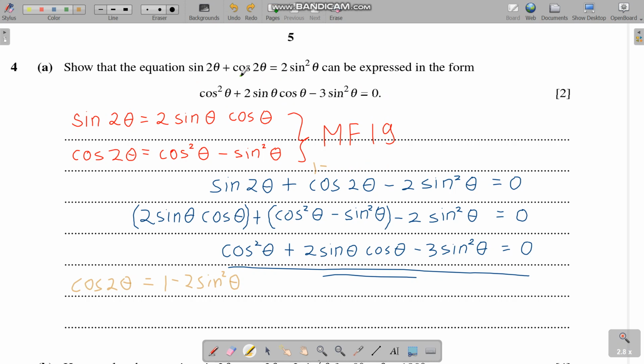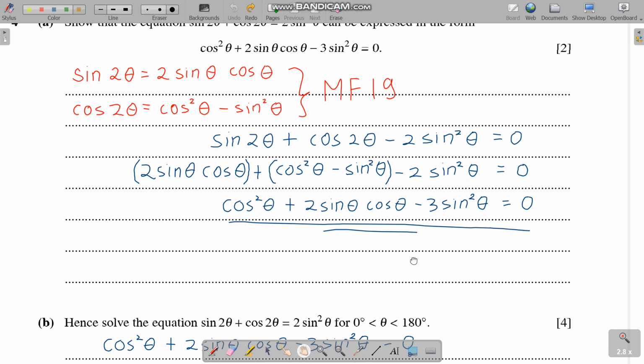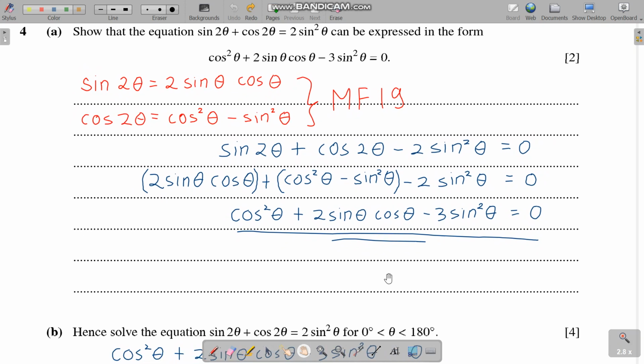So just keep your eye on the prize, which is the goal, so that's why we use this cos double angle rule.